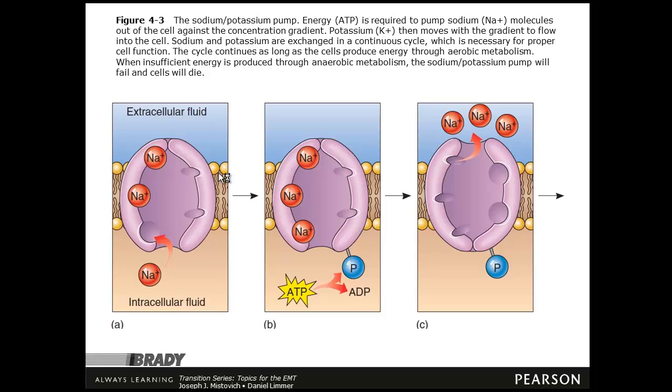This is a graphic demonstrating how sodium is collected. ATP is broken into ADP and the energy produced opens the sodium pump and lets the sodium move out to line up on the far side of the cell membrane.